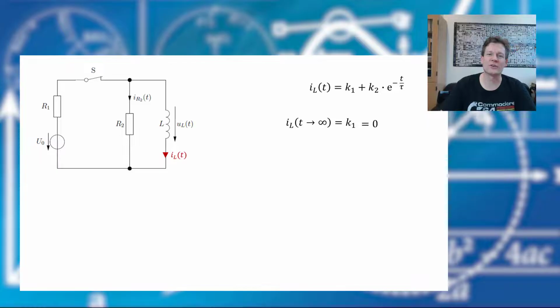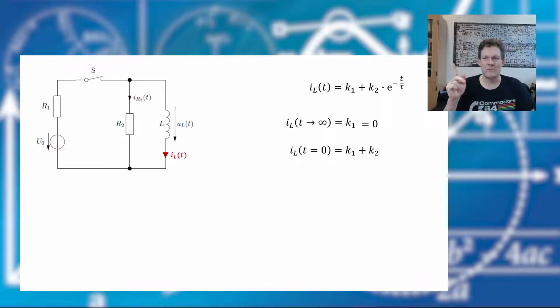So we have our first constant. In the very moment where we open the switch, from a mathematical point of view, we have e to the power of minus 0 divided by tau. So e to the power of 0 is 1, and therefore it's just K1 plus K2.